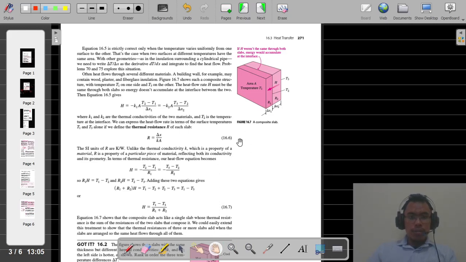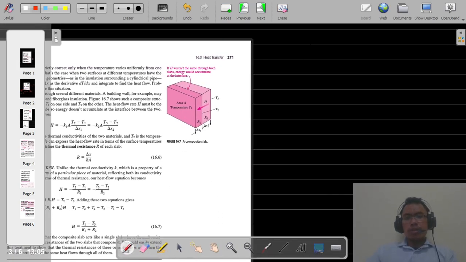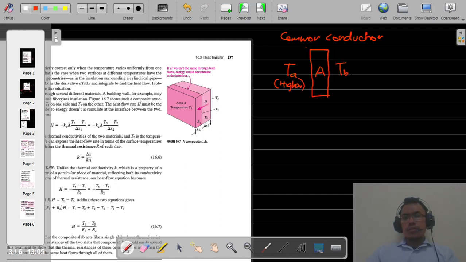So we are going to learn about the conduction phenomenon on composite wall. In the previous video, we know that in common conduction, we only have one kind of material. Let's say this is a material, and this is the A, which is the higher, and this is the B point.